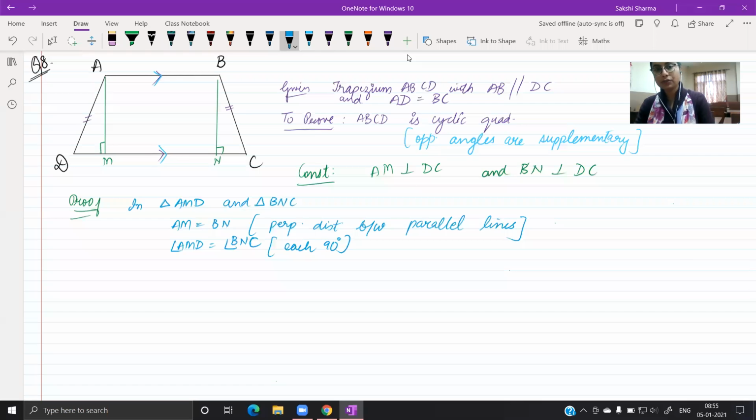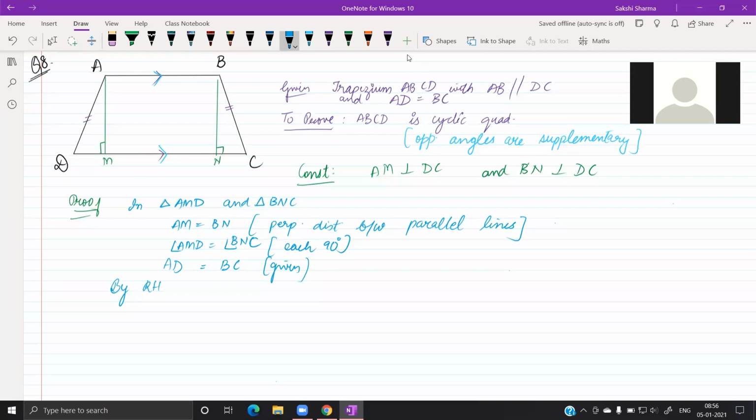Along with that, the third condition is from the given: the pair of non-parallel sides of the trapezium are equal. So which rule will be applicable for the congruence of the two triangles? RHS. By the RHS rule, the two triangles are congruent.